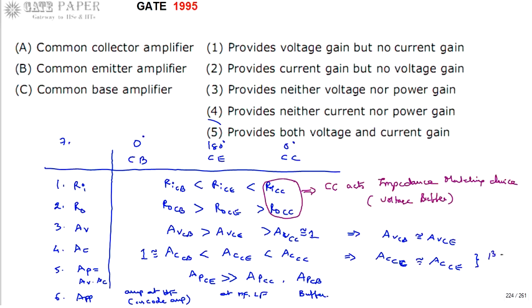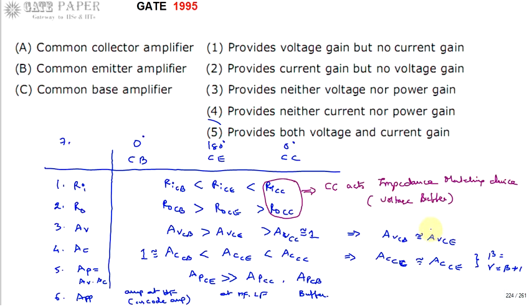Beta is nothing but common emitter current gain, and gamma is nothing but common collector current gain. Common collector current gain is simply beta plus 1. If you think beta is 50 or 100, that 1 is very small. So alpha and beta are almost equal, but a difference of 1 can be ignored at large values of beta. In the same way, voltage gain in common base and common emitter are approximately equal.